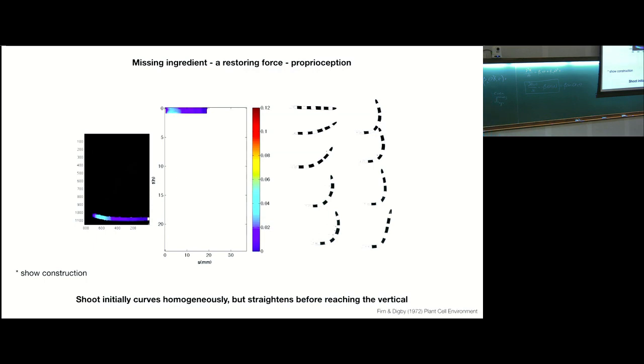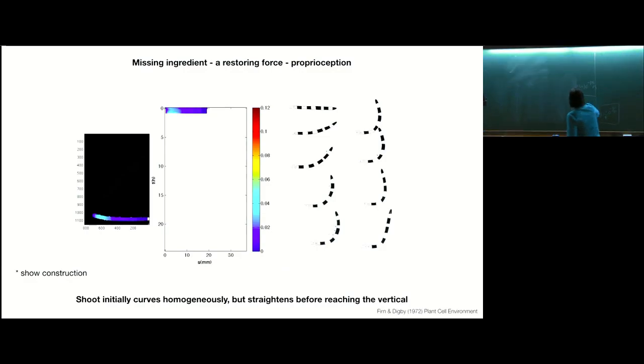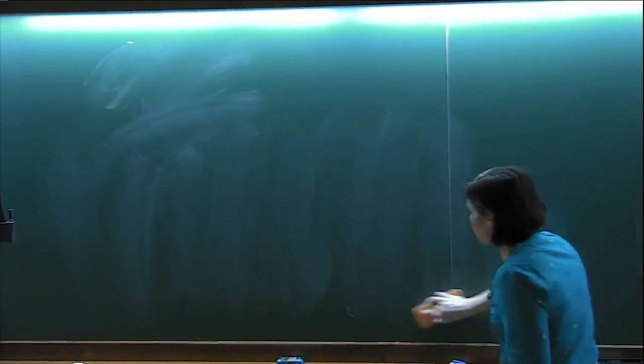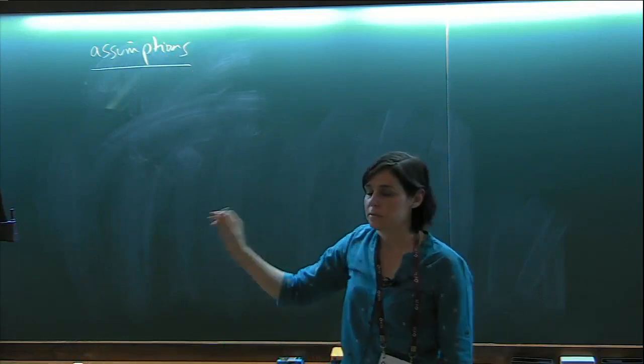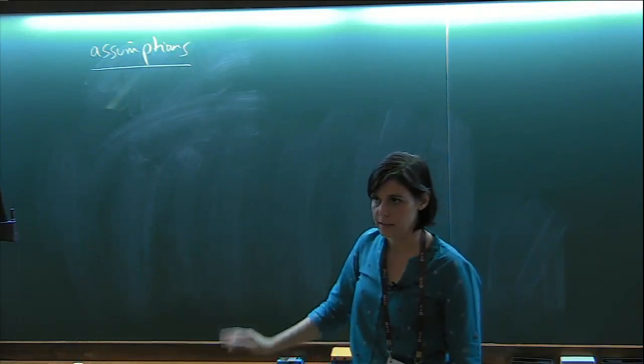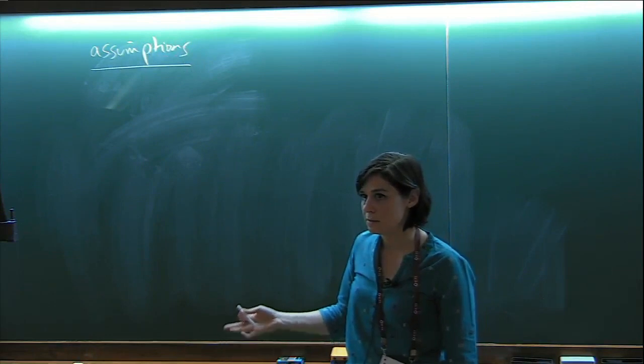So maybe I'll go to this side of the board so we can keep the other side. Now what are our assumptions? We still have the gravity signal, everything is still local, fine.